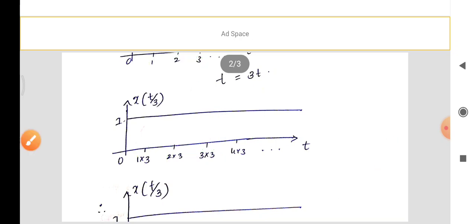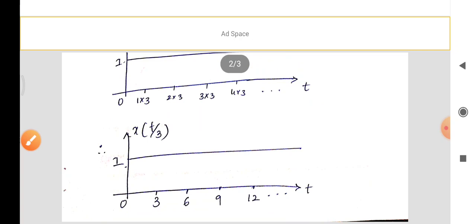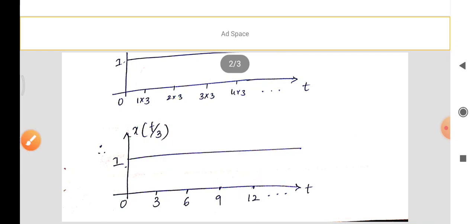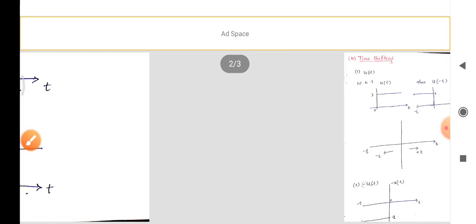Then simplify this signal. Observe, magnitude remains the same at 1. This is your x of t by 3 signal, which is at 3, 6, 9, 12 and so on.